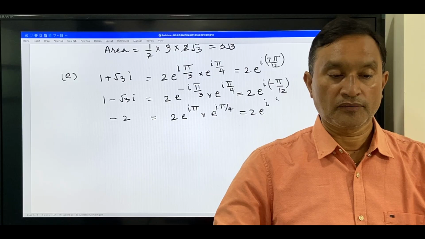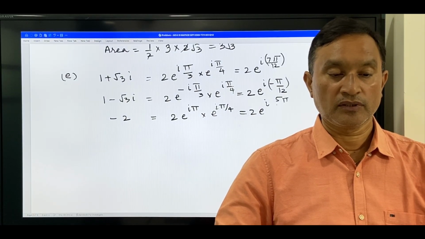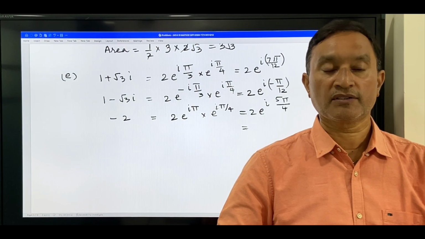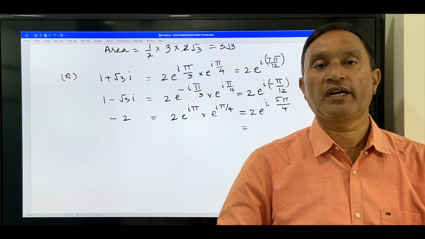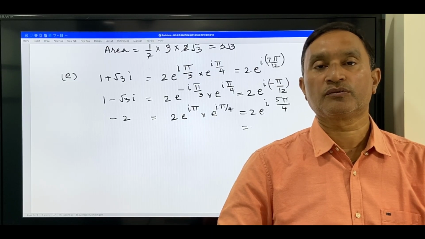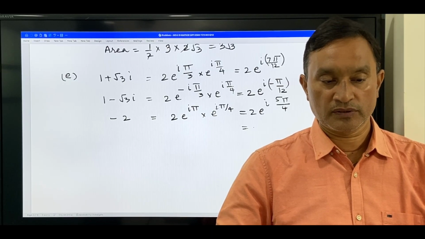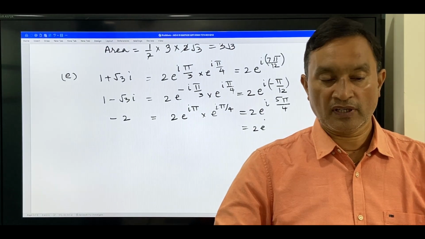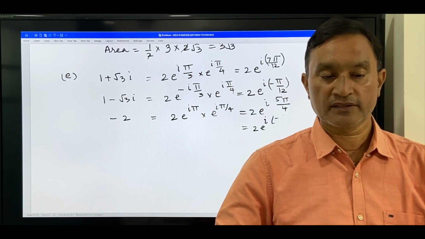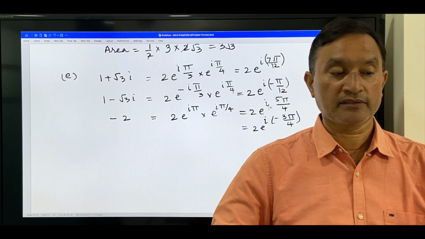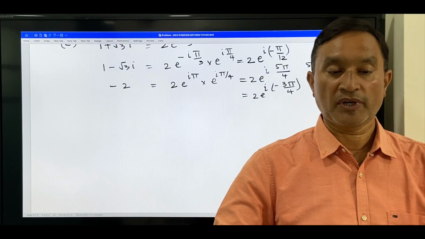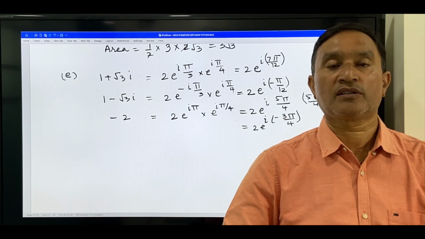Now here 5 pi by 4, but we have the limit that the theta value is greater than minus pi and less than or equal to pi. So 2 into e to the power i into minus 3 pi by 4, as we will subtract 5 pi by 4 minus 2 pi. So this is the answer of E part.